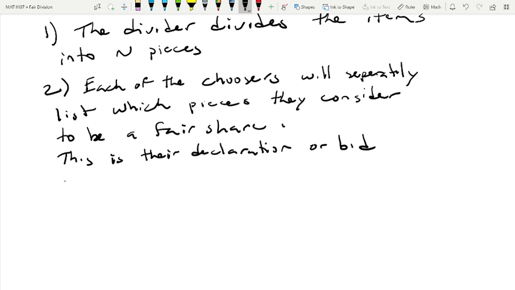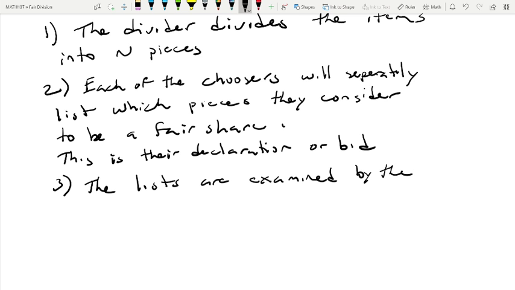Step 3, the lists are examined by the referee, and there are two possibilities that could happen here, and we'll go through both of those.